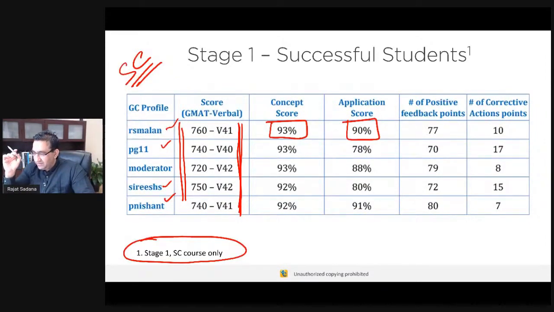But what you're going to find is that they didn't excel at everything right from the very beginning. They excelled at things most of the time, which means they were studying properly, but they also got feedback and corrective actions.